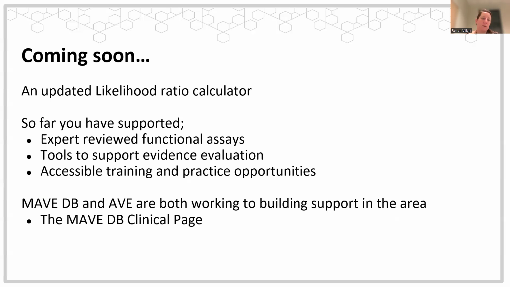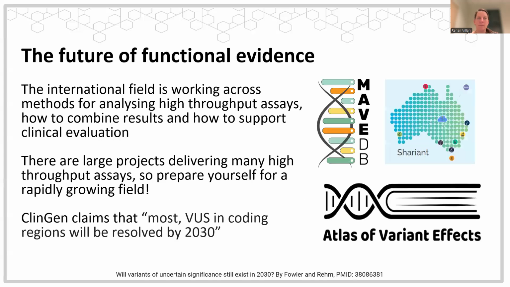I also want to bring to your attention that both MAVE-DB and the Atlas of Variant Effects are working to build support in these areas, and there will be a MAVE-DB clinical page coming soon, which should help you determine the functional evidence evaluation for your particular assay and how it might apply for a specific variant.